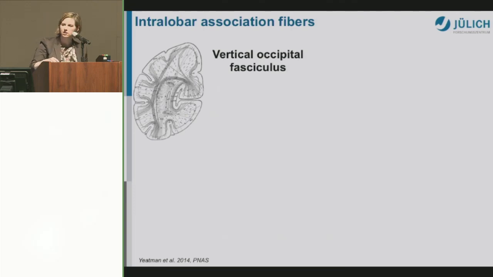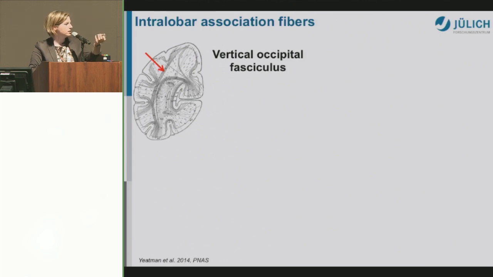And nicely, Kevin Weiner already mentioned this bundle, the vertical occipital fasciculus, which terminates within the fusiform gyrus, and I will just briefly show you where it is located. This is the one delineated here already at the end of the 19th century, which runs all the way from the dorsal to the most ventral aspects, which would here be the fusiform gyrus.